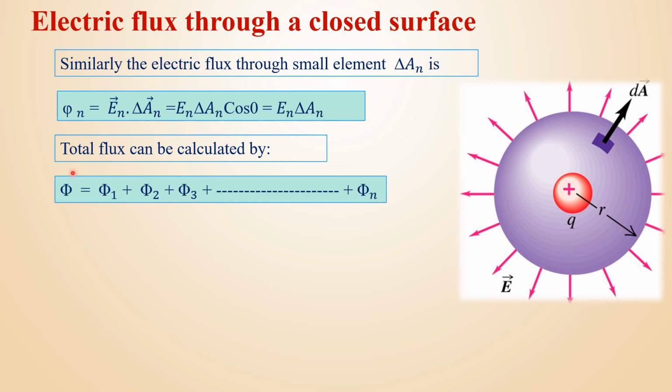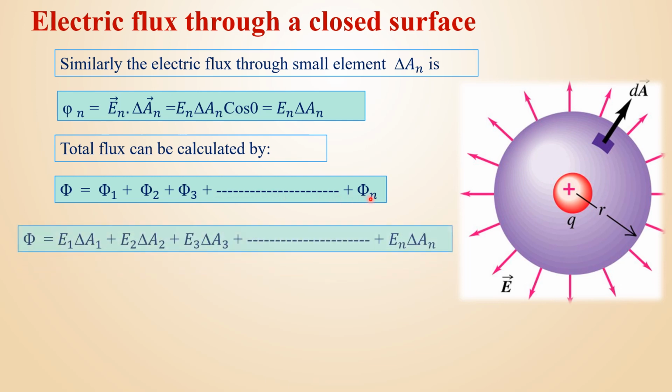Total flux can be calculated by adding the flux through each small patch, which is phi equals phi 1 plus phi 2 plus phi 3 plus so on plus phi n.